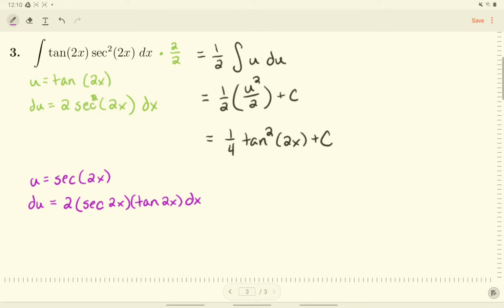So I look back at the original problem, I actually do have, if I use one of the secants for u, I can use the other secant to create du.